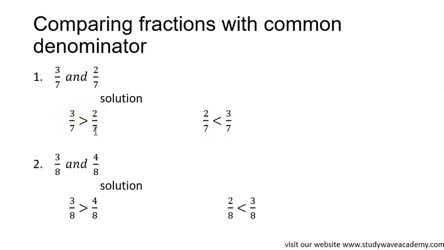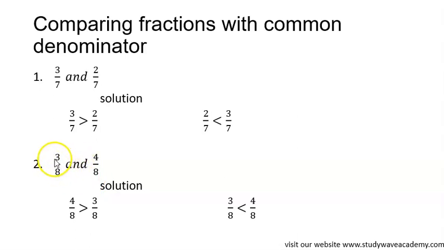If you are looking for the one that is lesser, 2 over 7 is less than 3 over 7, okay? Do you understand? So when the denominators are the same, you compare the numerators, okay?